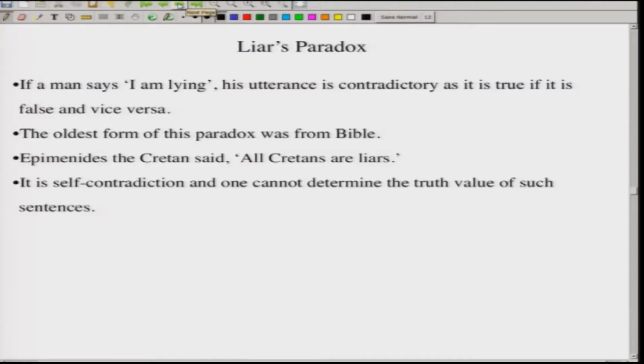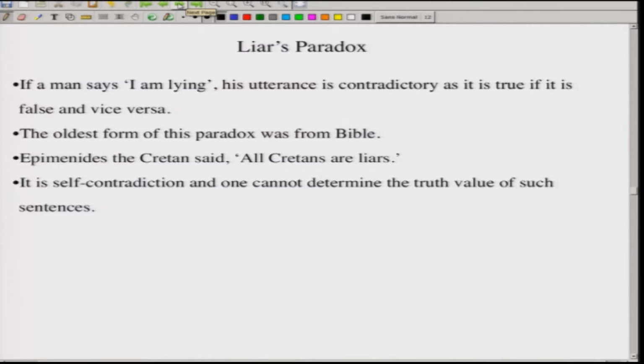In ordinary language, this paradox appears as the liar's paradox. For example, a man says, I am a liar, or I am lying. Now, this sentence is true only if it is not true. Look, here you can see the similarity. This is an ordinary language counterpart of Russell's paradox.